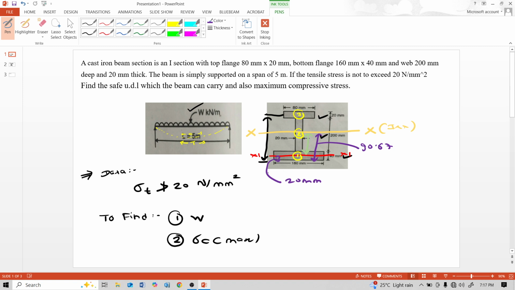So 90.67 minus 20: this whole 90.67 is from the bottom fiber, and we deduct this small part, because we are interested in this distance. So 90.67 minus 20 is 70.67 mm.